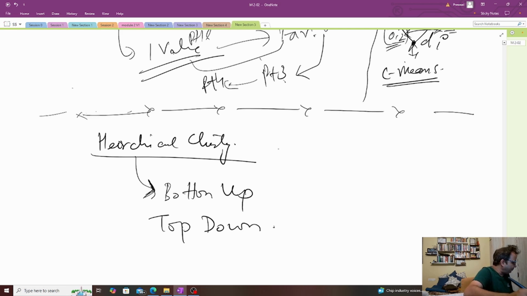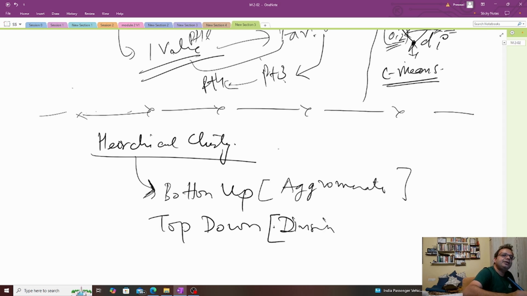The bottom up clustering, where you start from the bottom side and then you slowly go towards up, is generally called agglomerative clustering. And the one that goes from the top and then slowly comes down is called divisive.